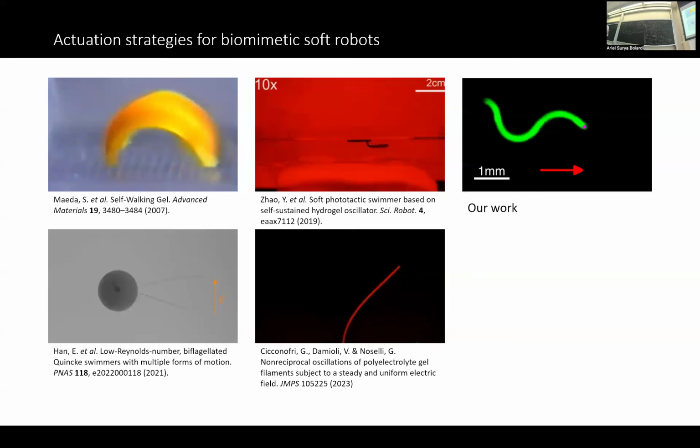So in this work, along these findings, we propose a new mechanism to build swimming hydrogel robots where undulatory swimming is achieved by harnessing flutter instability, again under the constant electric field.